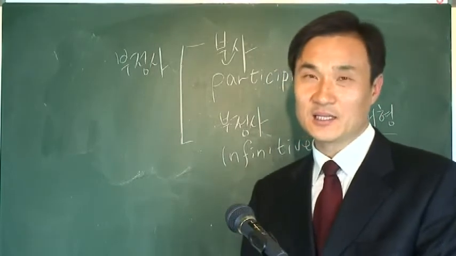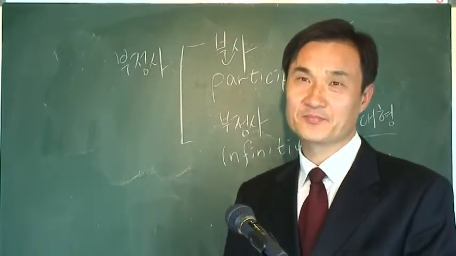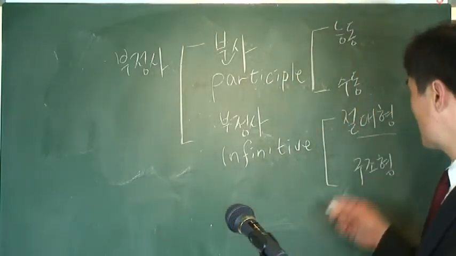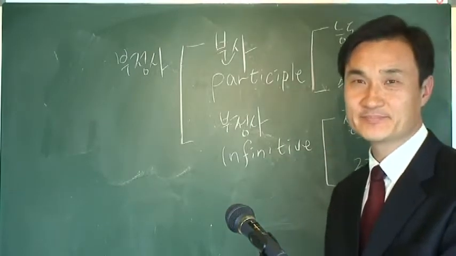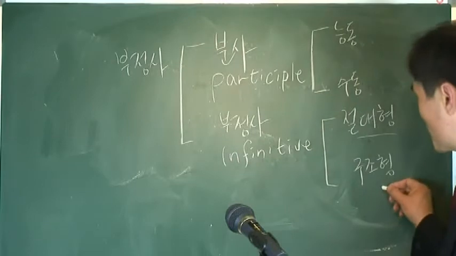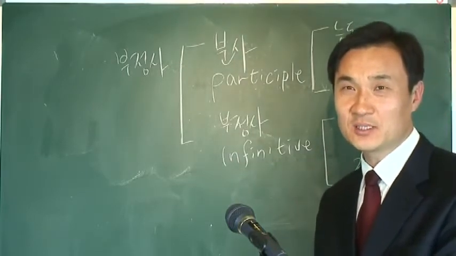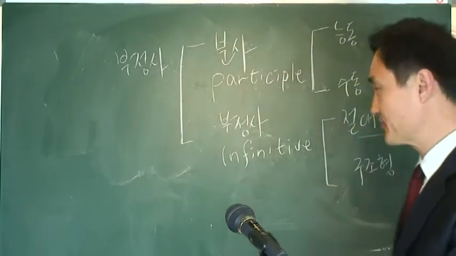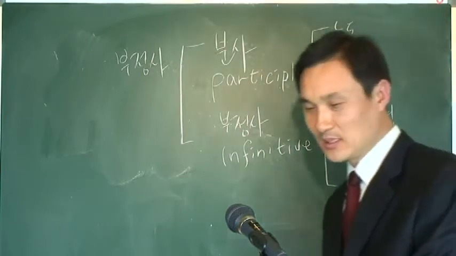The absolute state is a name given to a specific character that is not combined with anything else. This is used independently. However, the construct state is given its name because of its character in which it is combined with other parts of speech.